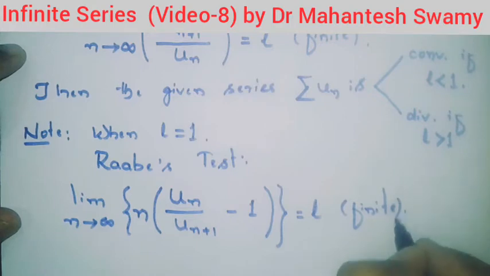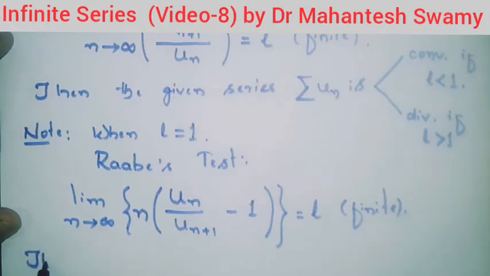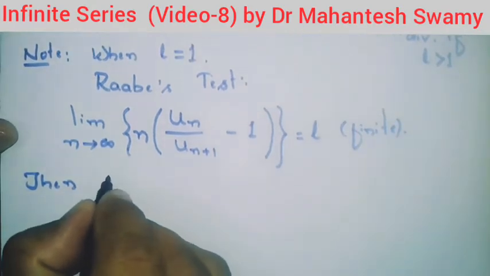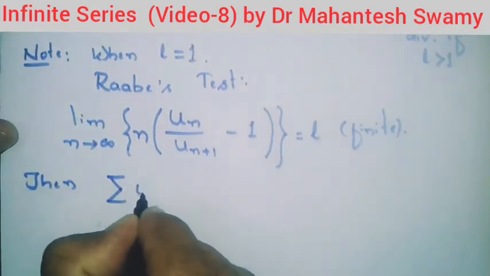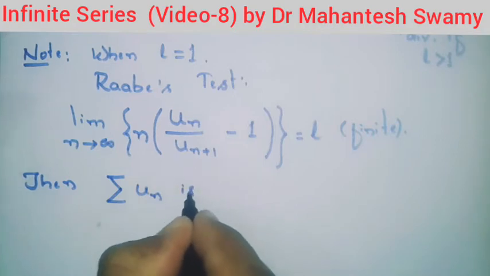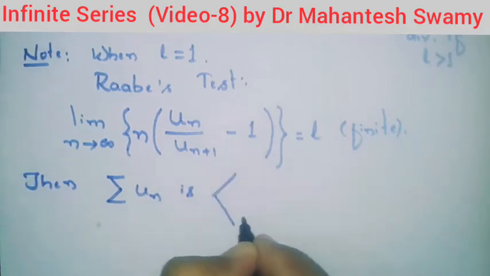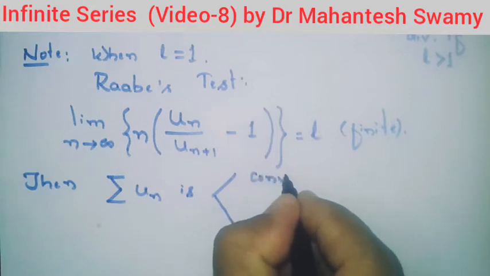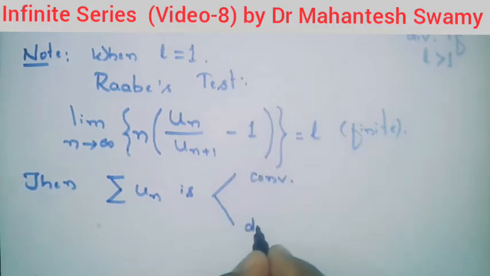Then our conclusion according to Raabe's test is that the given series summation un again behaves as either convergent or divergent.